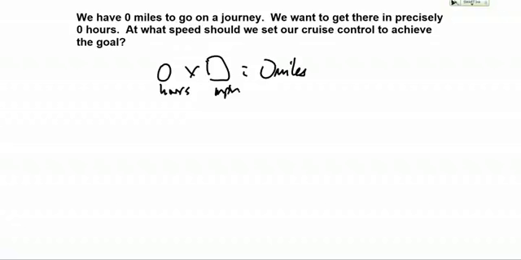You do that for 0 hours, you're going to go 0 miles. So once again, basically any number can fit the bill to solve that problem, because you're not taking any time for your journey and you're not going any distance. So you can pretend to go any speed you want for that time. So once again, any number works.